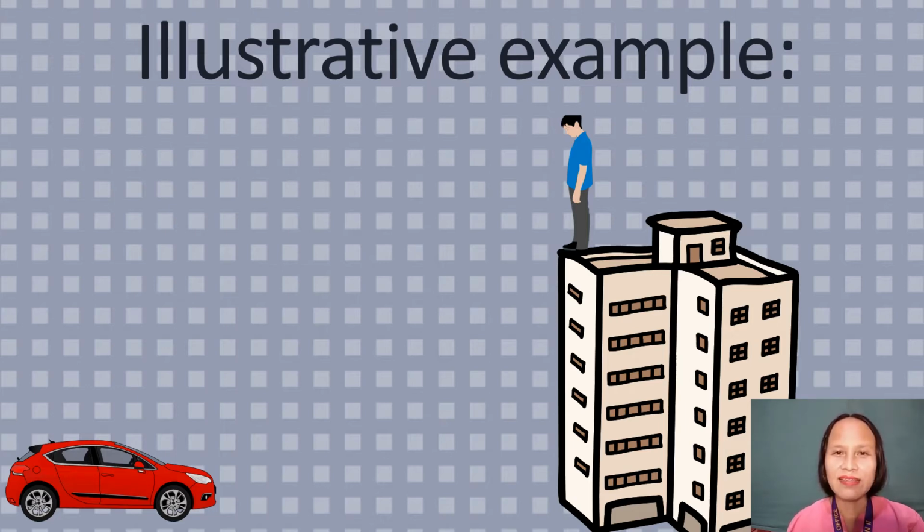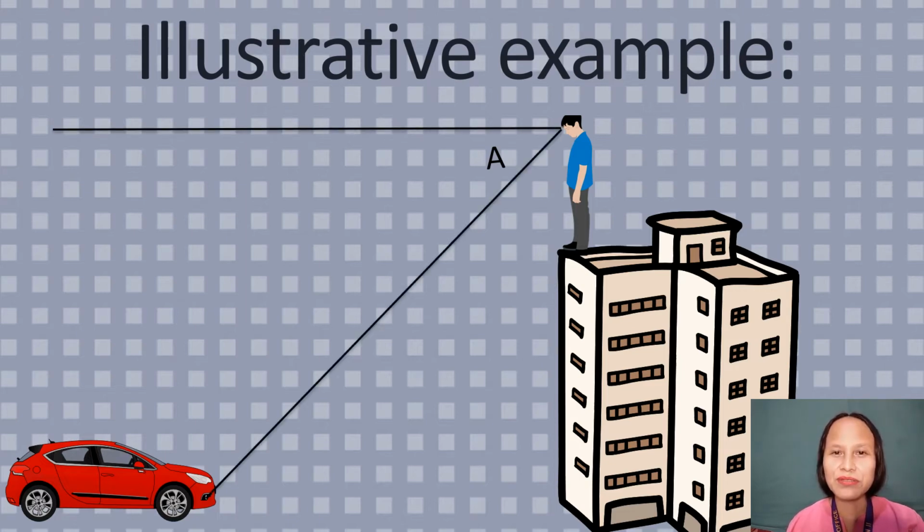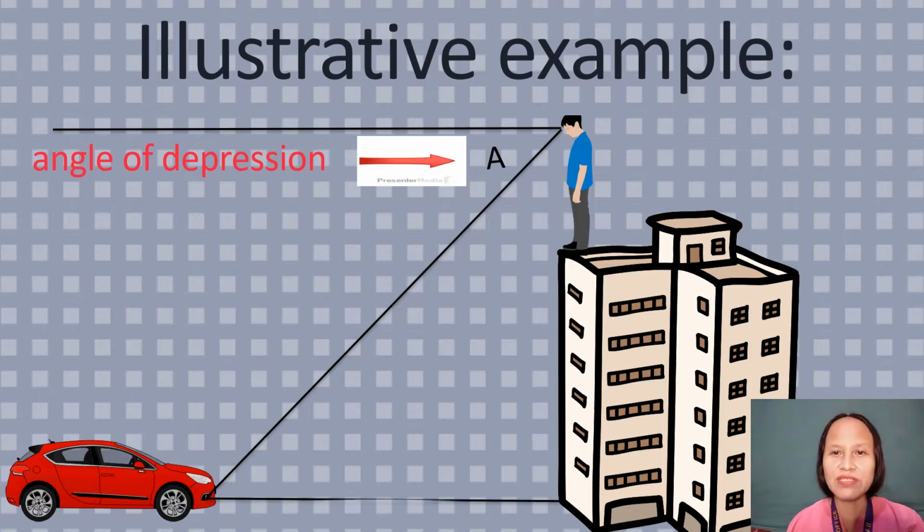The angle formed from the horizontal line of sight of the observer to the object below is an angle of depression. And if we have this horizontal line of sight, the angle formed from the horizontal line of sight to the object above is an angle of elevation.